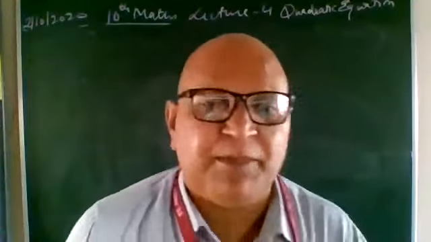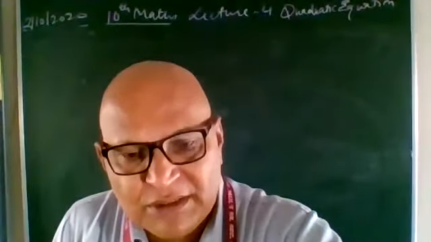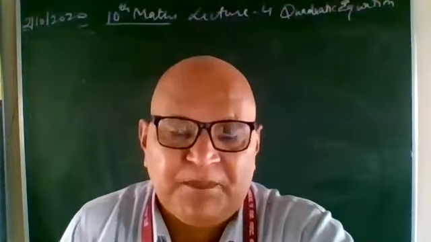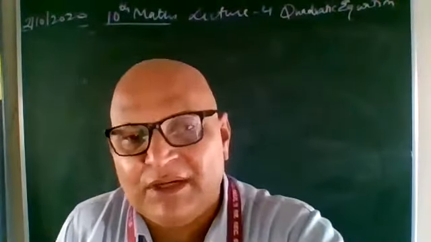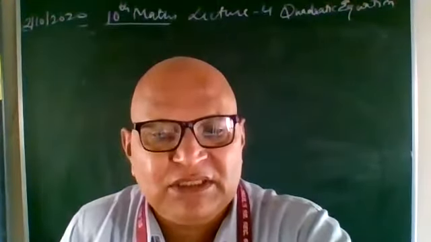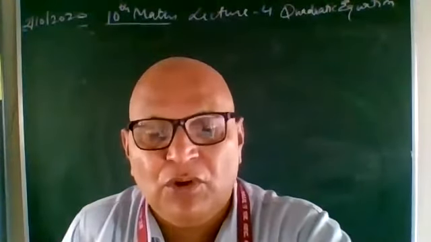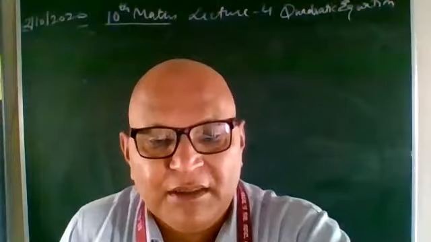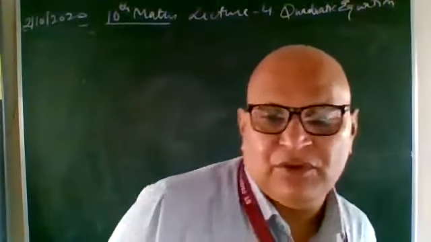So when a quadratic polynomial is equated to 0, we get a quadratic equation. The variety of questions are there, and as we have studied in the quadratic polynomial, that is how it can be solved. So quadratic polynomial and quadratic equation are the same.